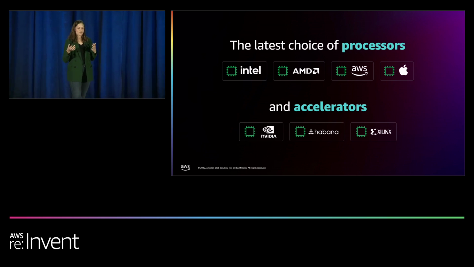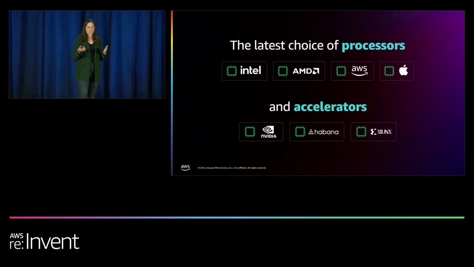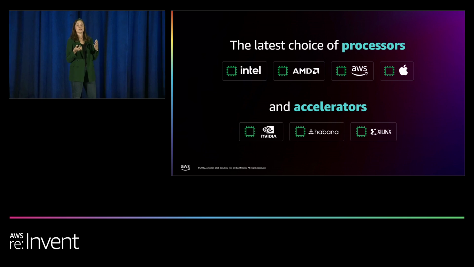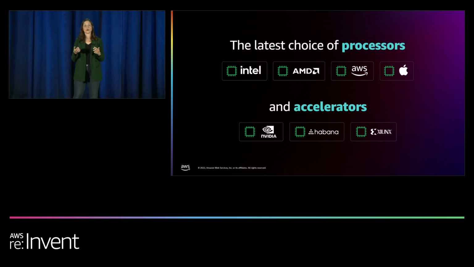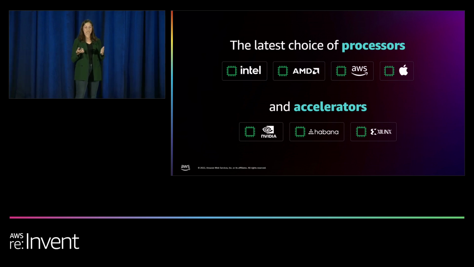And of course, we also have the Graviton instances. Graviton instances provide the best cost-performance ratio compared to other processors in the cloud. And you can get up to 40% price-performance improvement compared to other instances.